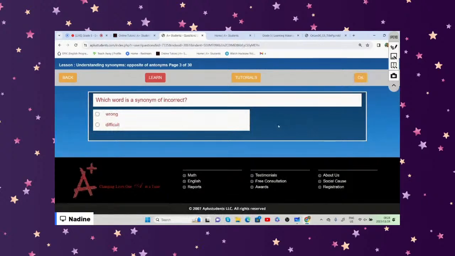What is the same as or similar to incorrect? If something is incorrect, does it mean it is wrong or does it mean it is difficult?